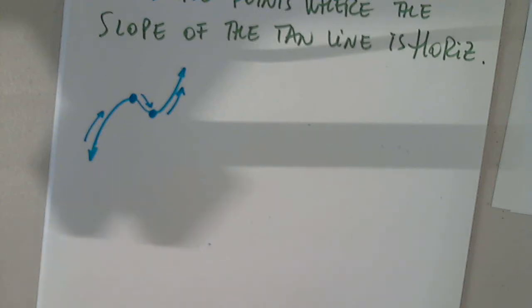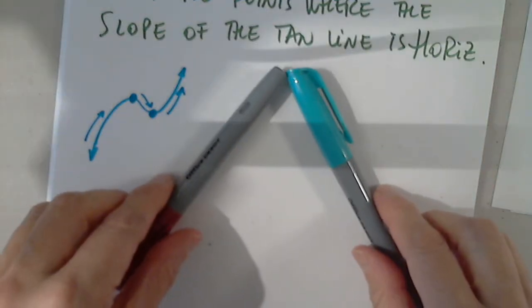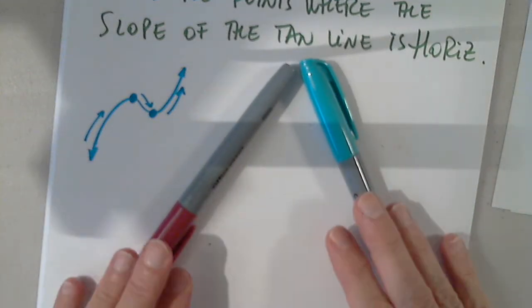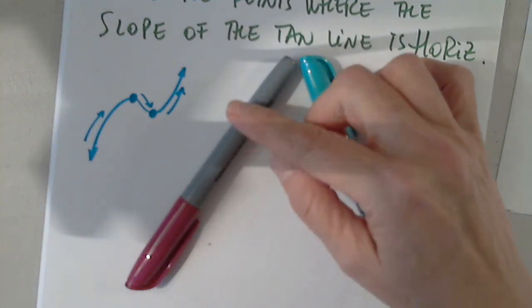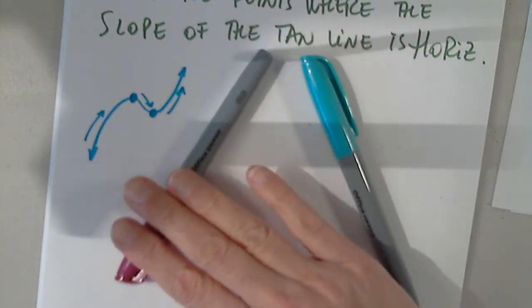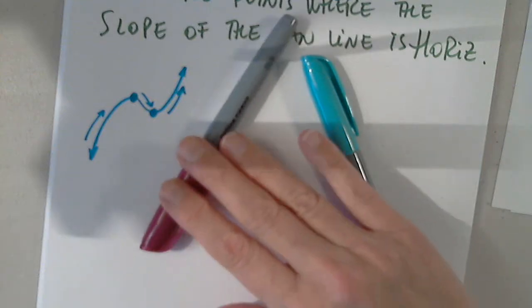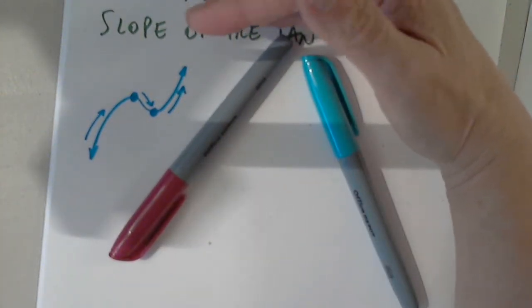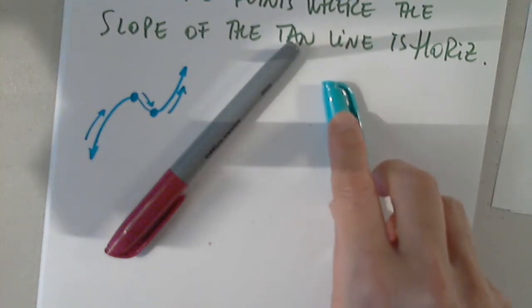Every time the function has a turn, assuming it's differentiable there, I have to look at the situation. But assuming it has a turn, if first it has a positive slope, then it has a zero slope, and then it has a negative slope.